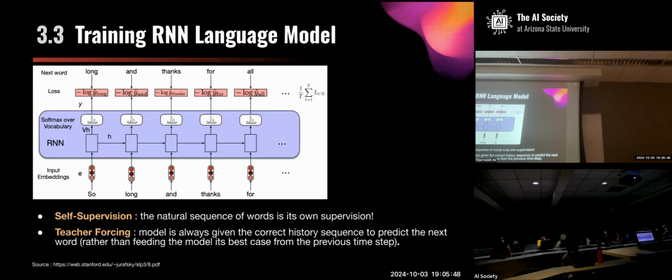You will convert the input embedding of "so" and try to predict the next word. In RNNs, or in general in auto-regressive language models, there are two main concepts that people follow, and most of the research at this time is going on how to improve these two things. One is self-supervision and the other is teacher forcing.